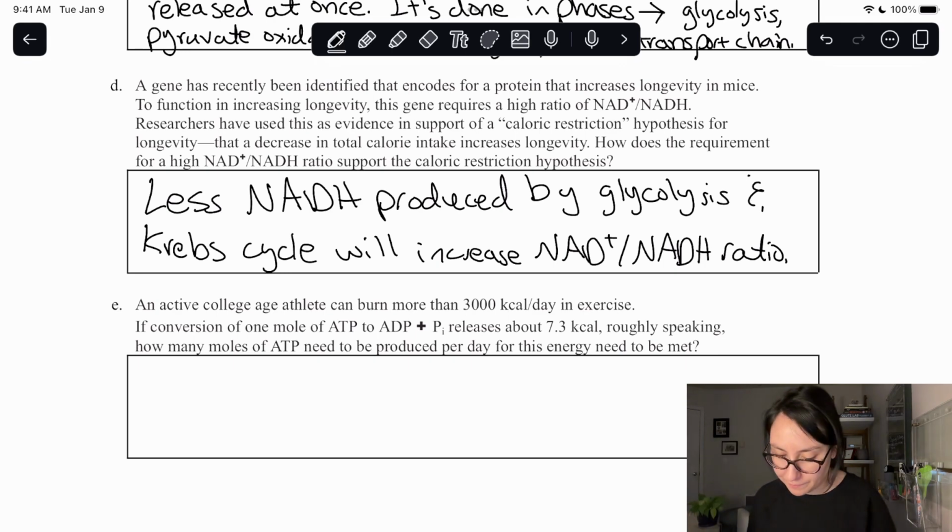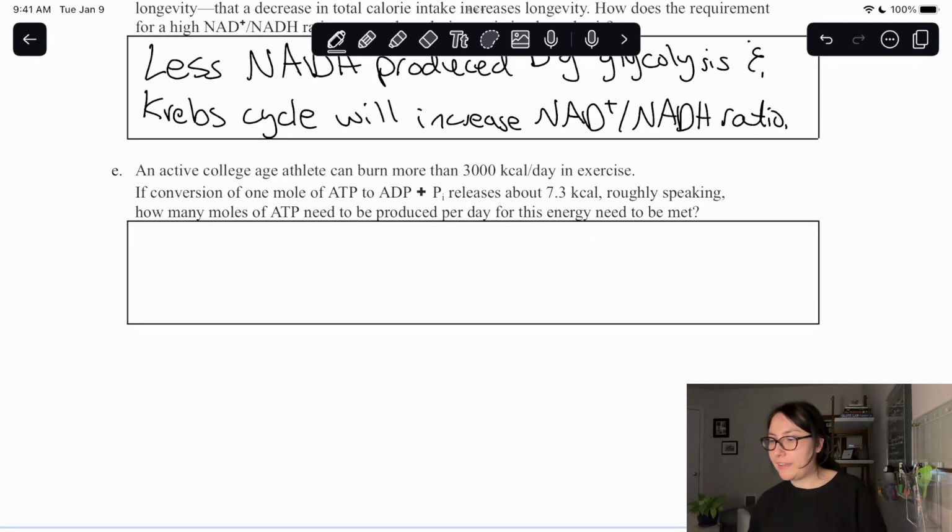Bam! Awesome. This one is asking, an active college-age athlete can burn more than 3,000 calories per day in exercise. If conversion of 1 mole of ATP to ADP produces that much energy, then how many moles of ATP need to be produced per day for this energy to be met? I'll do the math really quickly.